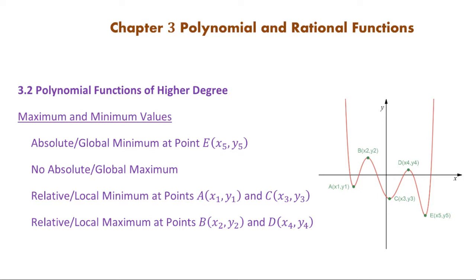Okay. Similarly, B and D are relative or local maxima, because they are maximum points locally, but not the maximum point on the whole curve. Okay, so we got them relative or local maximum. All right, so these are just some definitions.